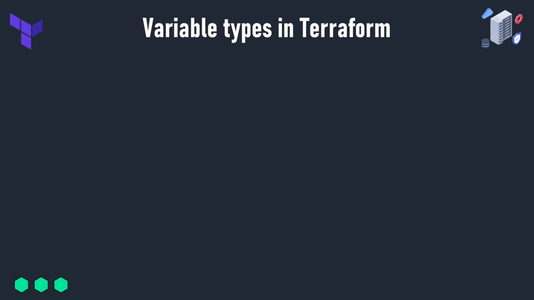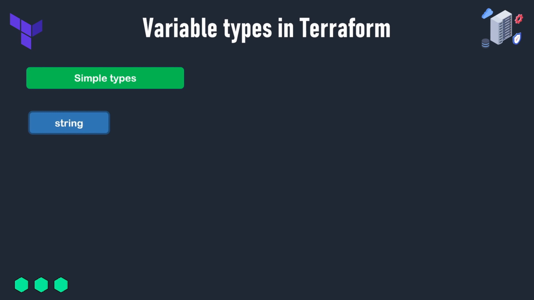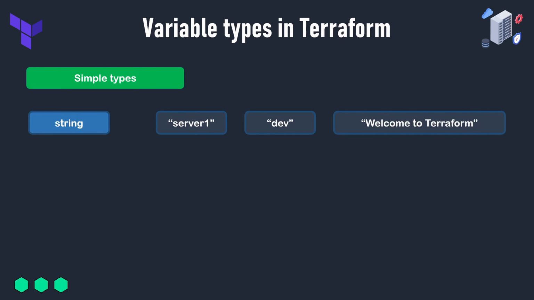Terraform supports a set of simple types such as string. Here, the value will be a sequence of characters representing some text such as server1, dev, welcome to Terraform, or whatever you want. We have also the type called number. The variable here will accept any numeric value.